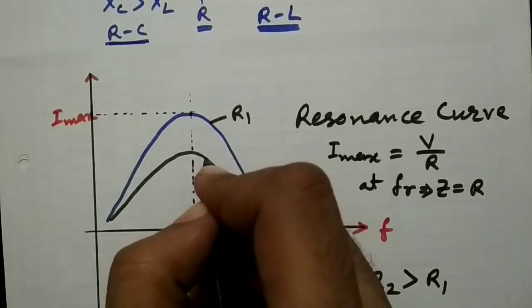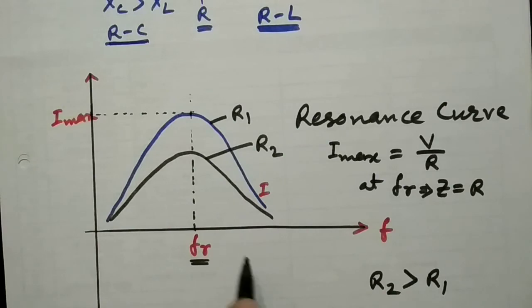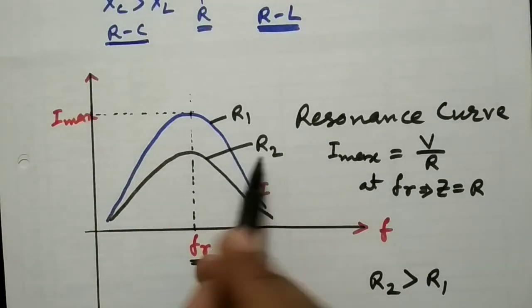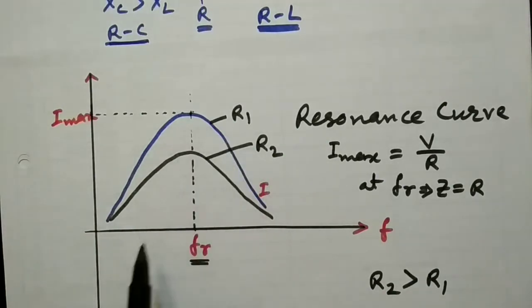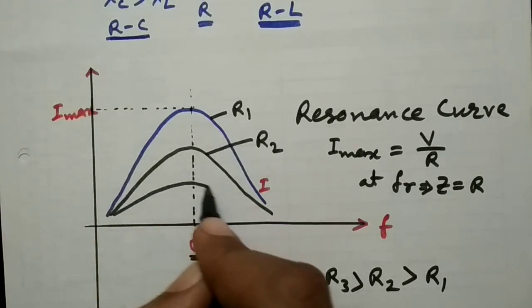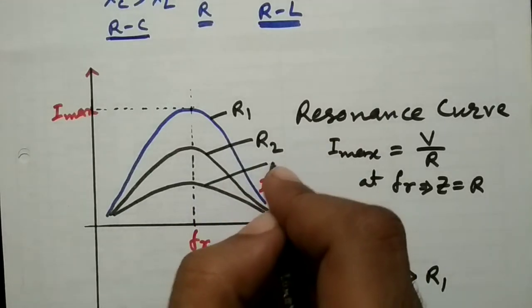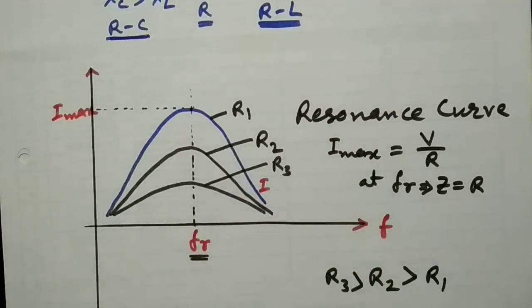So this is the nature of the current in a RLC series circuit when the resistance is equal to R2, where R2 is greater than R1. If we take another resistance R3, which is further greater than R2, then the nature of the current will be like this. So this is the resonance curve for the resistance R3.